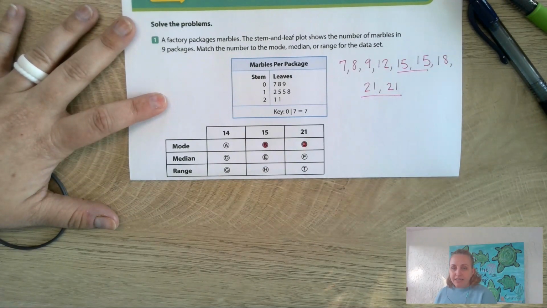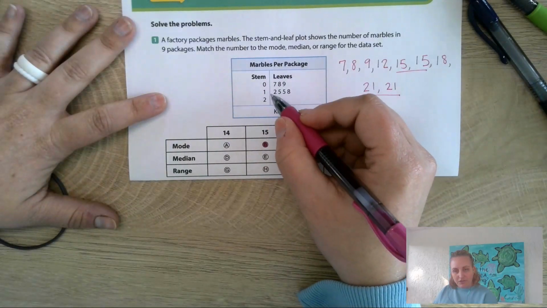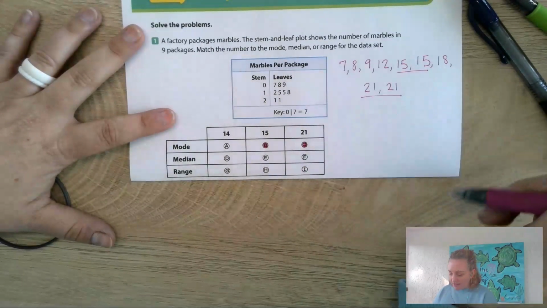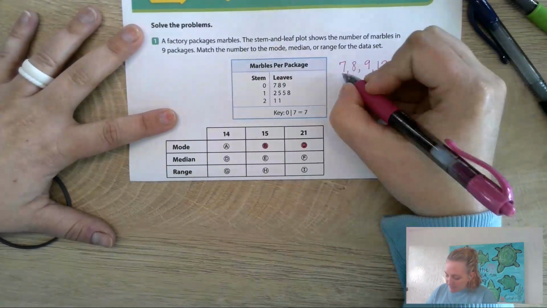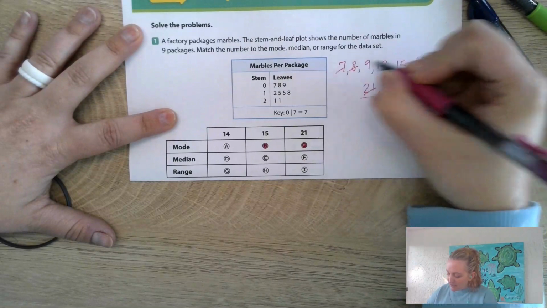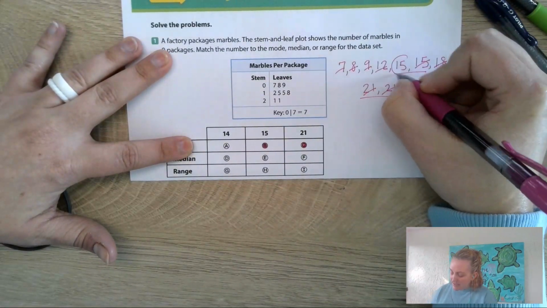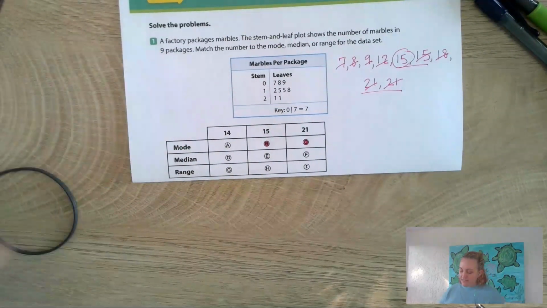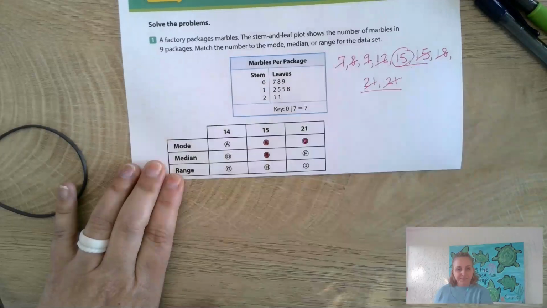The median is the number right in the middle, so you can either cross off from there, or you can do it from here. I'm going to do it from over here since I wrote it. Biggest, smallest, biggest, smallest, biggest, smallest, biggest, smallest. Here is my median, 15. So I have to fill in the 15 for the median.